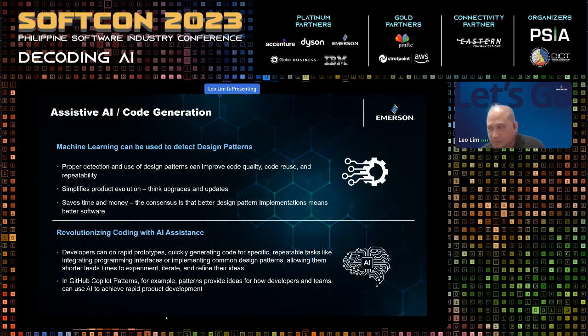There's a good amount of research going on with this. There are very few papers discussing this, but I've seen a few, and it's really trying to improve the code by looking at the code and using machine learning to analyze that code to propose or suggest the use of design patterns. What this does is really it helps you improve code quality, code reuse, and simplifies the product evolution.